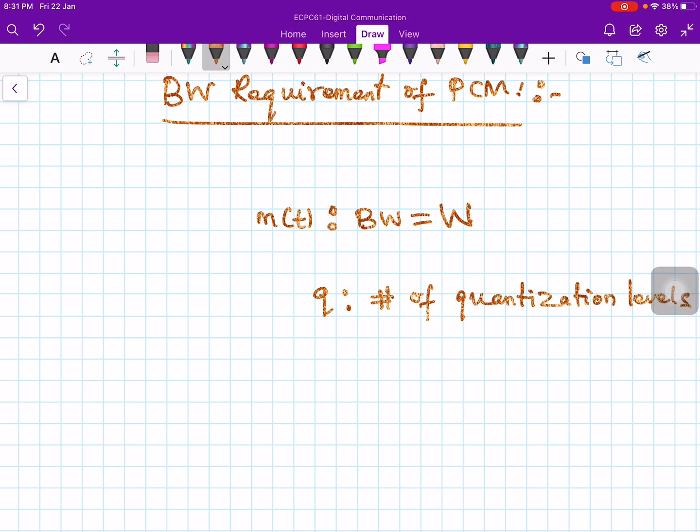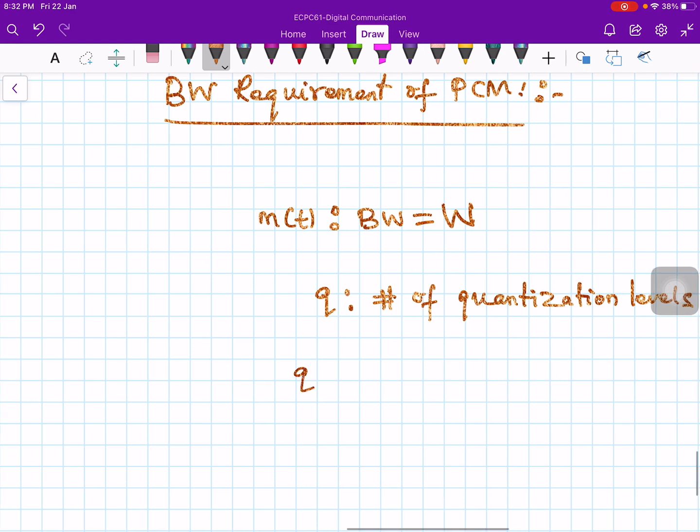It will be convenient to do so because we have to eventually give a binary representation to each quantization level. So, efficiently, we choose Q equal to 2 to the power n, where n is an appropriately chosen integer, which implies that n will be the number of bits in a word.